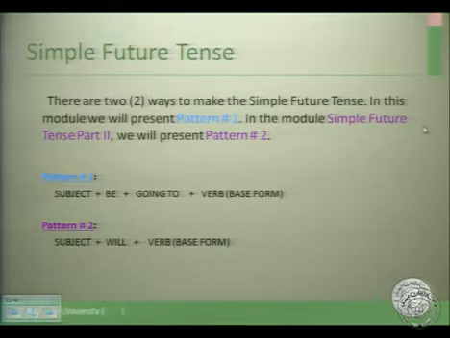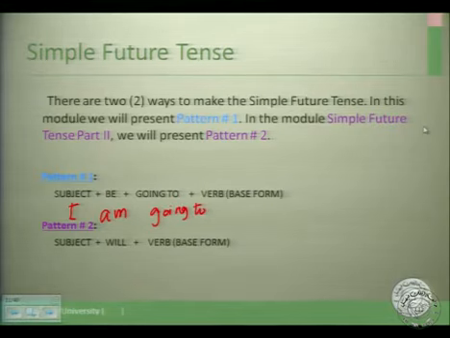So if we want just to have an example, let's have a subject. For example, I am going to, and then a verb, the base form, the normal form. I am going to study.